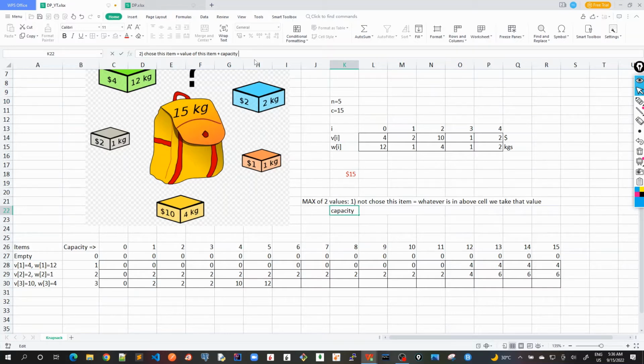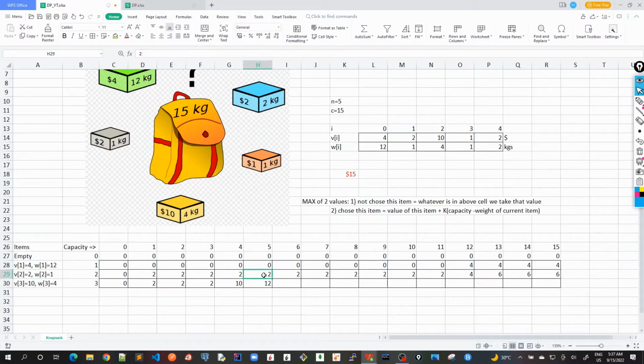Capacity minus weight of current item, and whatever the value was there, we can call it the KP value, knapsack. Yeah, just K. Okay. So whatever value is there, we choose the maximum of these two.